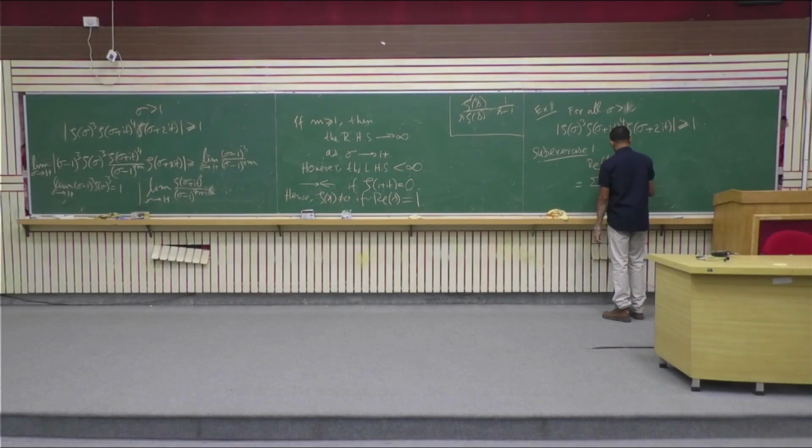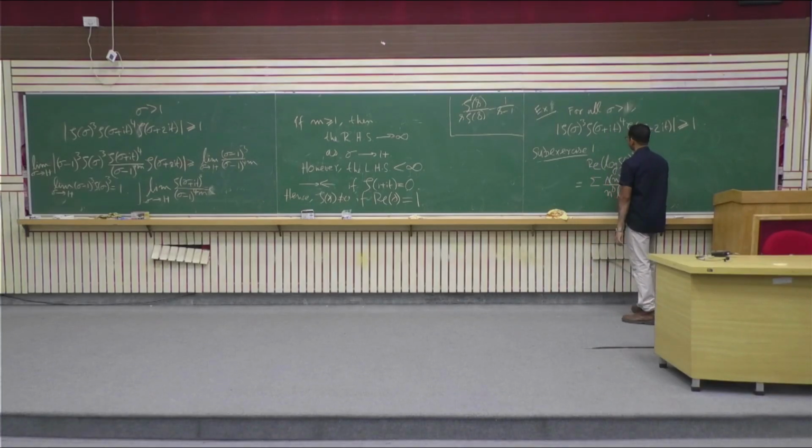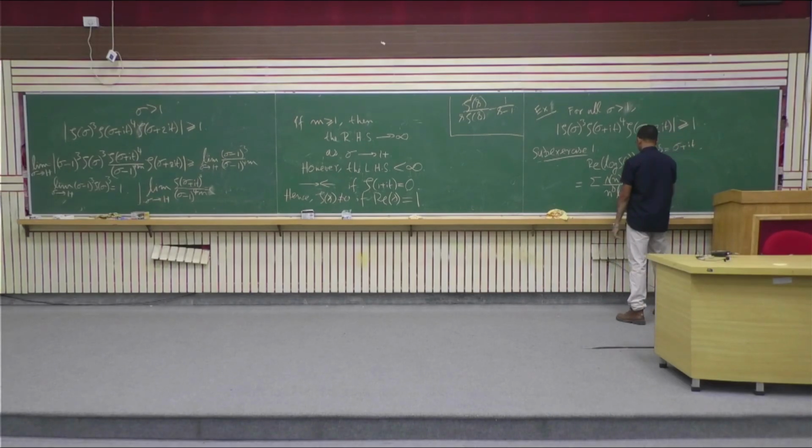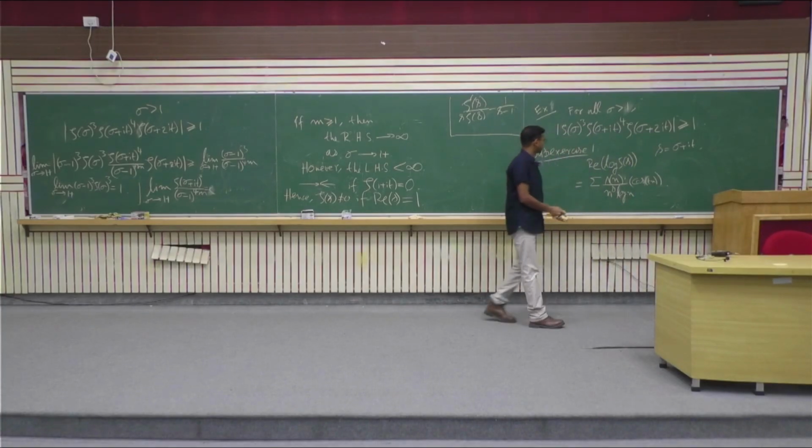So this would be lambda n times cos, if s is equal to sigma plus it, then this would be cos of t log n.